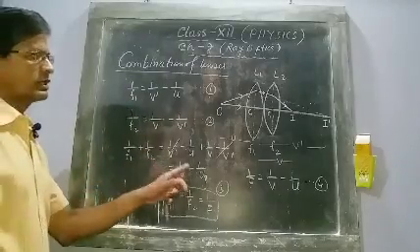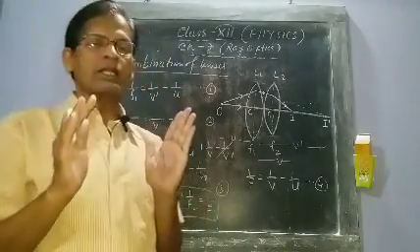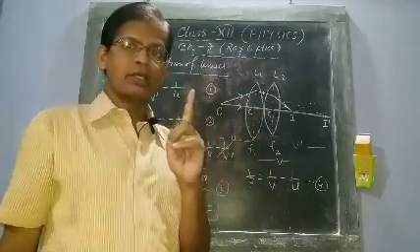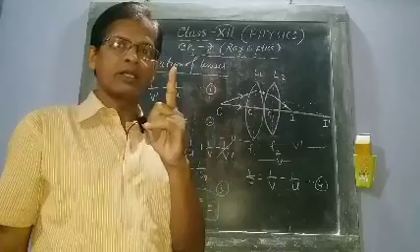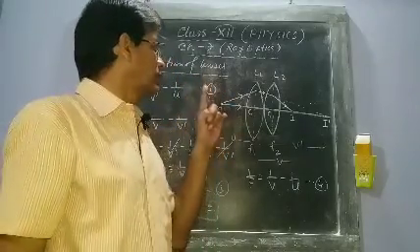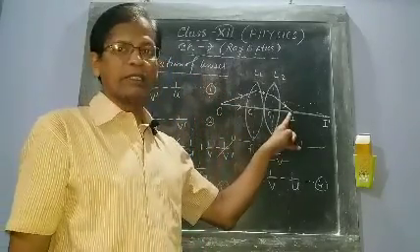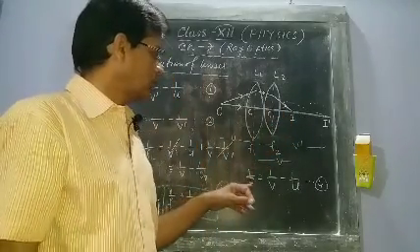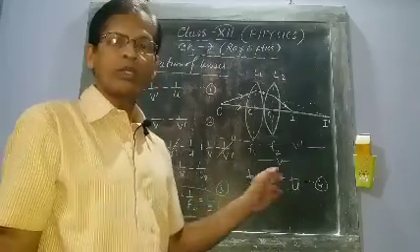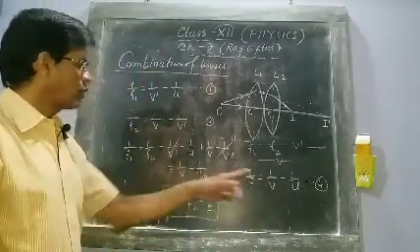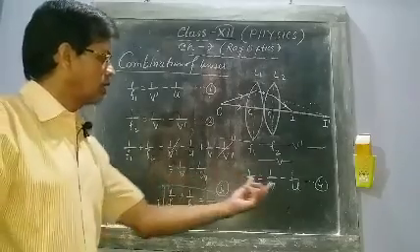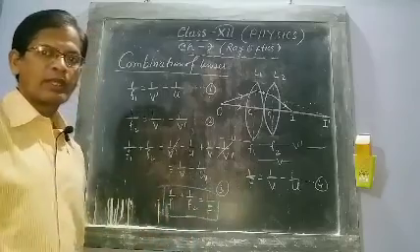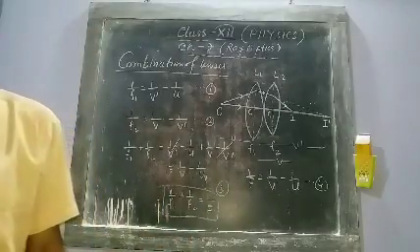Add this, we get this. Now we need a single lens of focal length f which will make the image of the object at point I. So 1 by f equal to 1 by v minus 1 by u. From equations 3 and 4, these two are equal. So 1 by f1 plus 1 by f2 equal to 1 by f. This is the combination of lenses.